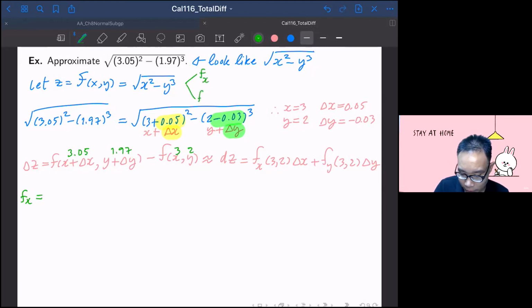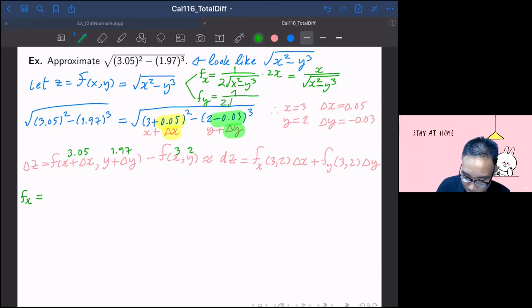So you have fx and fy. fx will be 1 over 2 root of x squared minus y cubed, and you have to differentiate the inside, so you get 2x. So this would give you x over the square root of x squared minus y cubed. So that will be the fx. And for fy it's going to be again 1 over 2 root of x squared minus y cubed.